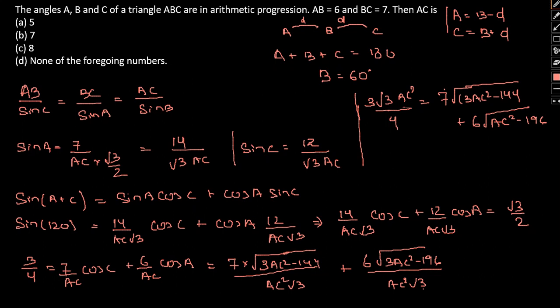Okay, so I hope this much is clear. So here if we solve the same, AC will not yield any of the following results, be it A, B, C, because the root will be complicated, and even if we square both sides and solve, we won't be getting either 5, 7, or 8. So therefore the correct answer in this particular question would simply be option D.